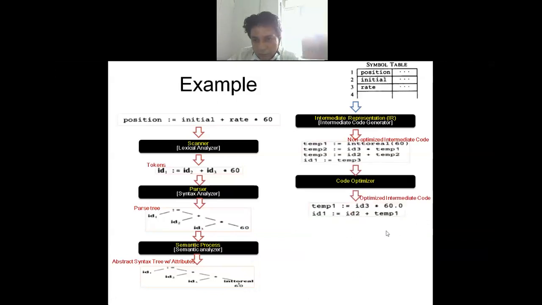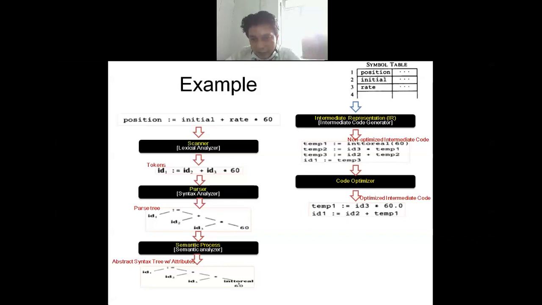Now the code optimizer phase. The code optimizer's task is basically to optimize the code. You can see in the intermediate code representation there are 4 sentences to execute the program, and it will take much more memory space and time to execute them. But if we optimize this code in a better way, then we can reduce the time as well as the memory space.